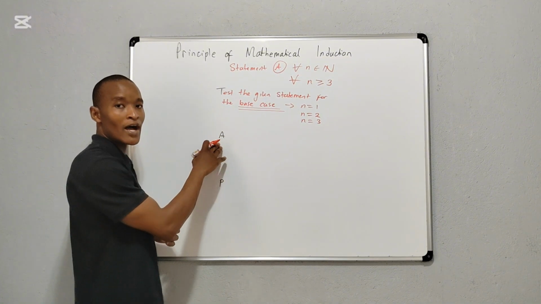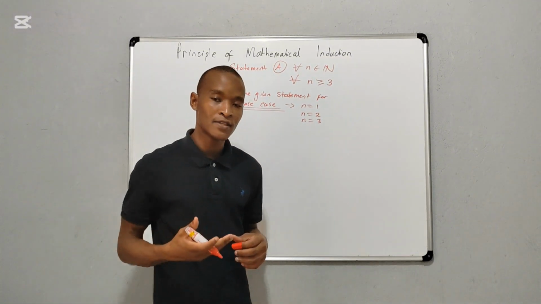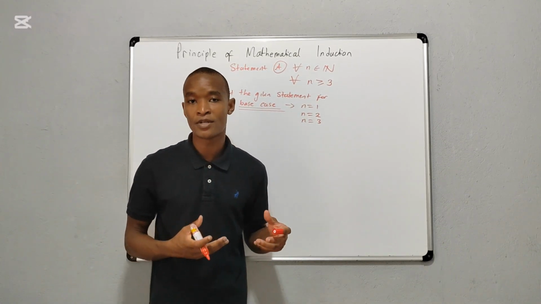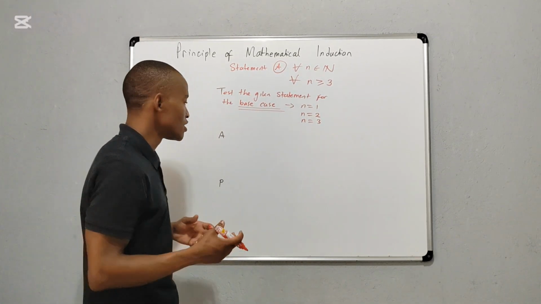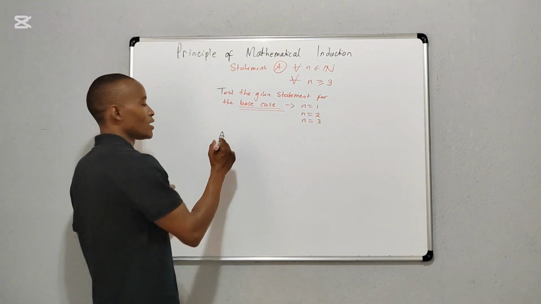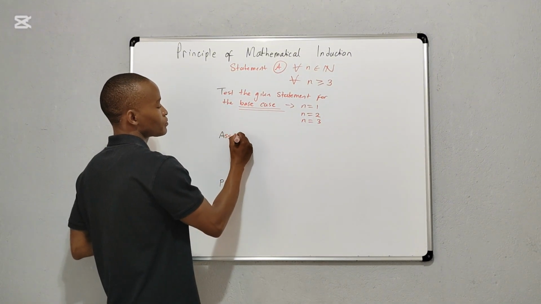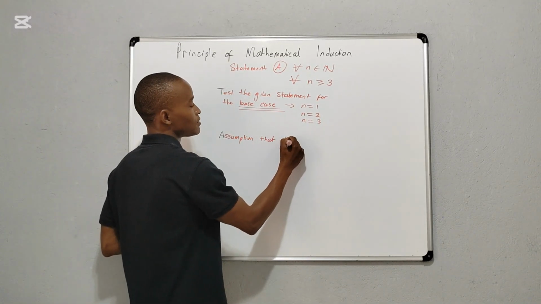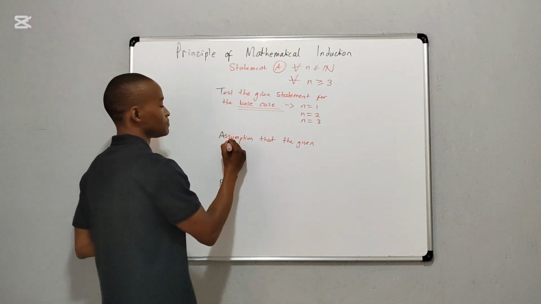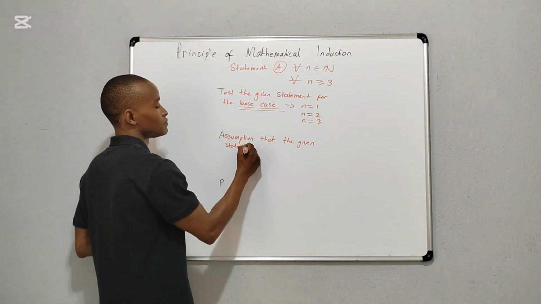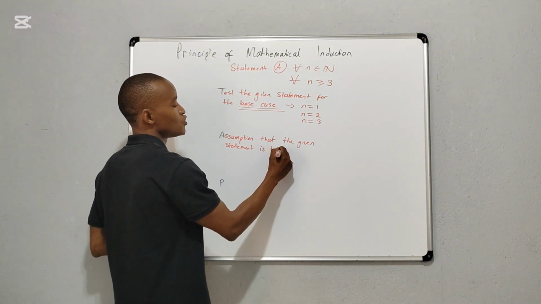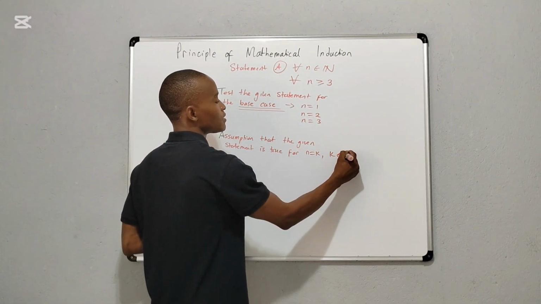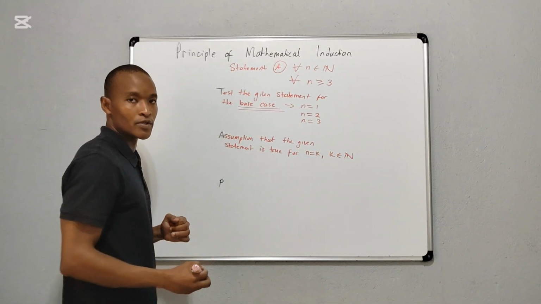A, you are assuming that the given statement is true for n equal to k, where k is an element of natural numbers. So this is an assumption step. You assume that the given statement is true for n equal to k, where k is an element of natural numbers.